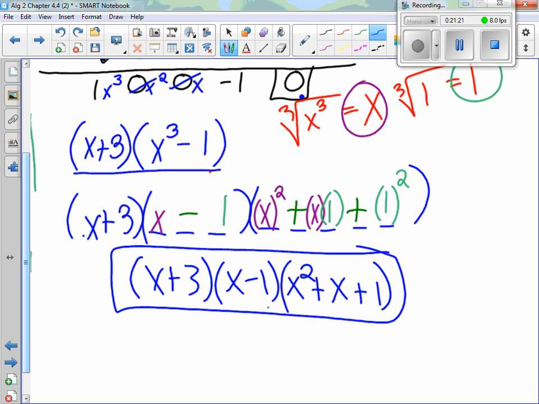Because if I really wanted to, I could use the quadratic formula to solve for it. And those are the kind of solutions we would get.